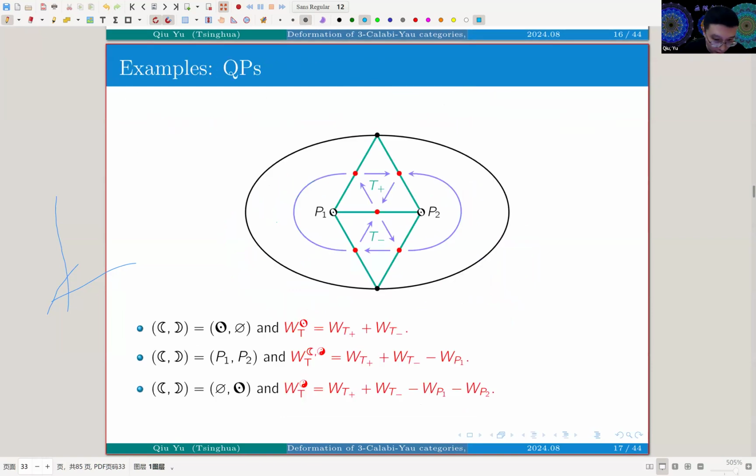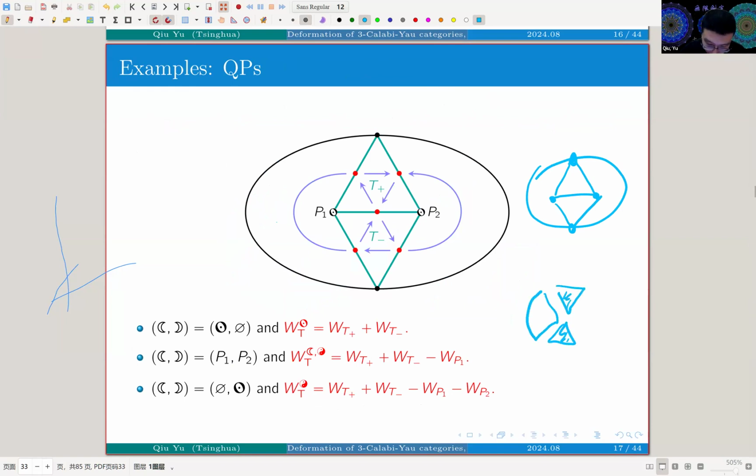For example, if we have this diagonal with two punctures, we take this triangulation. And then the quiver is always the purple one. In this quiver, there are four triangles: a triangle here, here, here, and here.